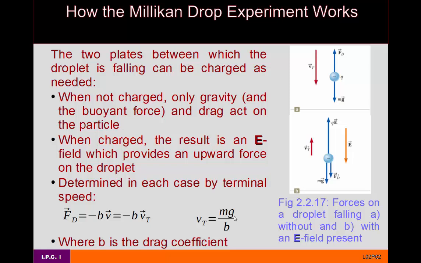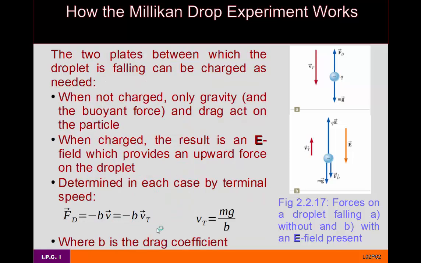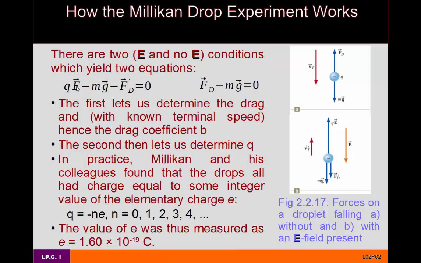If you add the E field in, then you end up with an equation that looks like this rather than an equation that looks like this plus mg. So either this is 0 or this is E as appropriate. And that means he's able to determine what the drag is from the known terminal speed, and by having done that, he can get the drag coefficient.